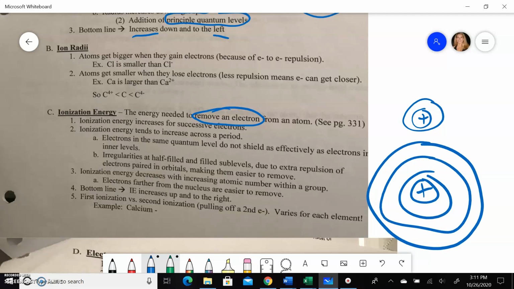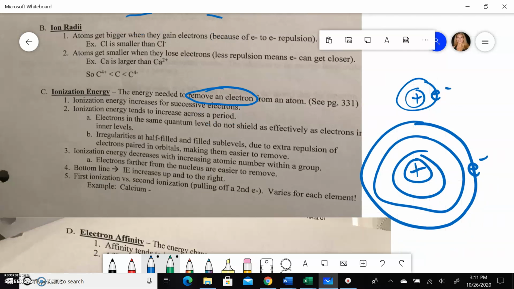If we talk about these two atoms, ionization energy is the energy required to pull off the electron. So notice that that first top atom, the electron is right next to the nucleus, so they can really feel that positive charge, and there's nothing blocking the nucleus from the electron. There's not a shielding effect happening there, whereas there is for the second one.